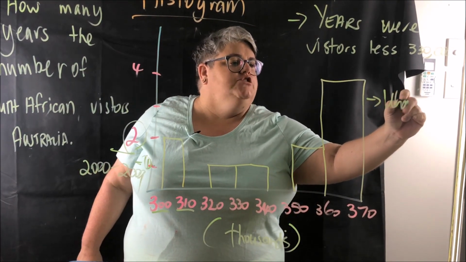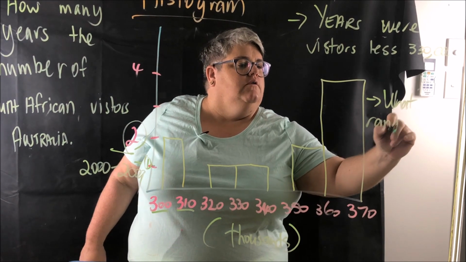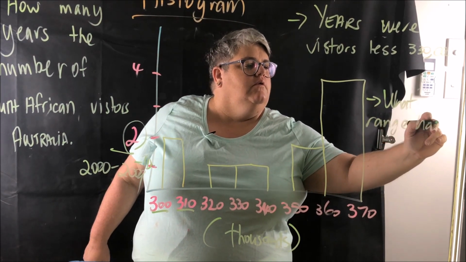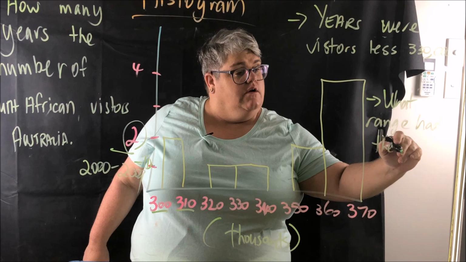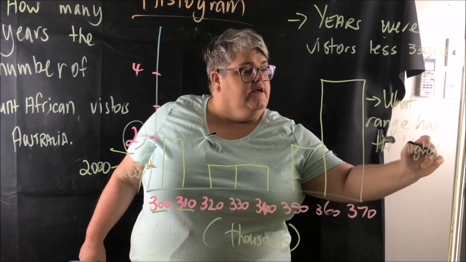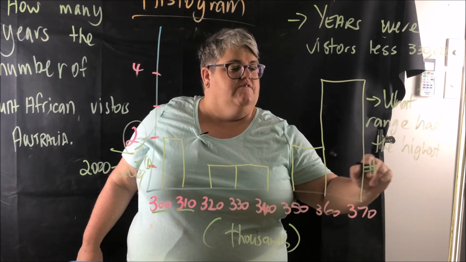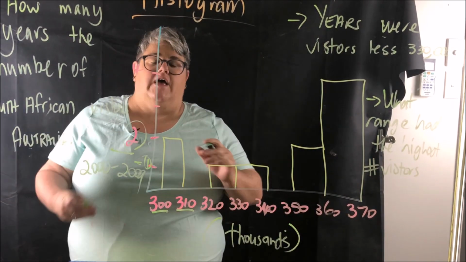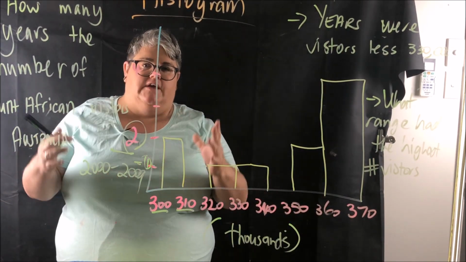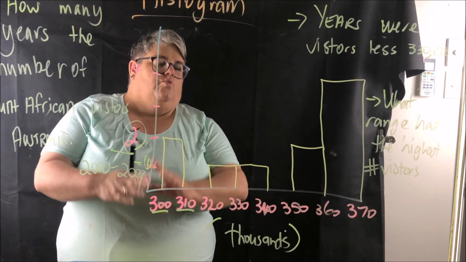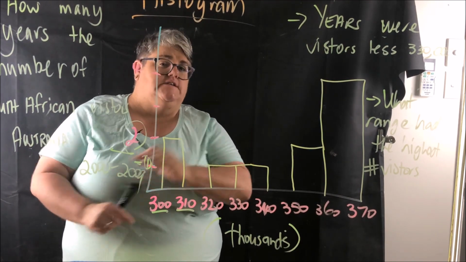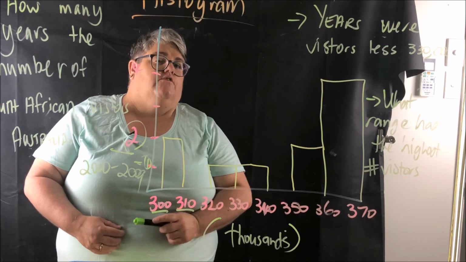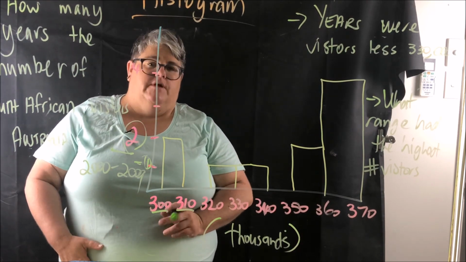What range had the highest amount of visitors? So remember, histograms are a grouping of figures. So which frequency had the highest amount of visitors? It's really obvious. Take a look.